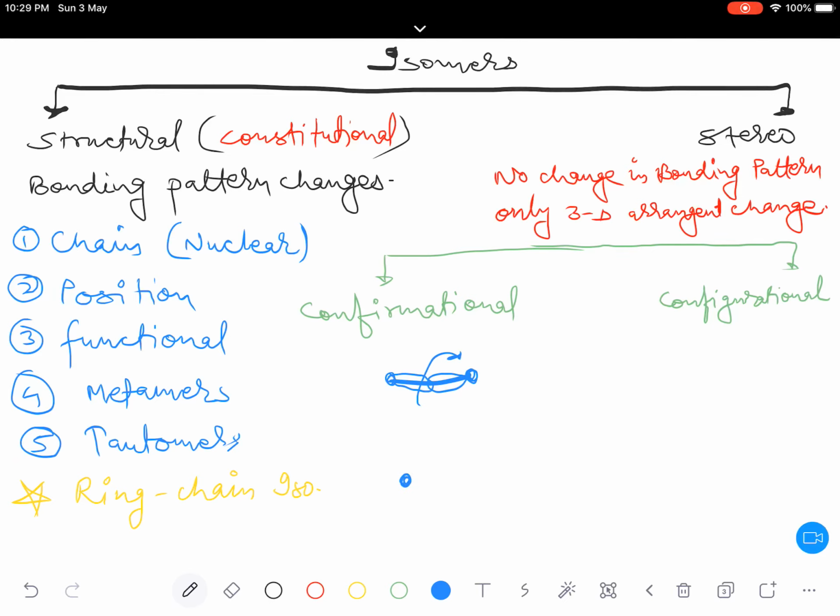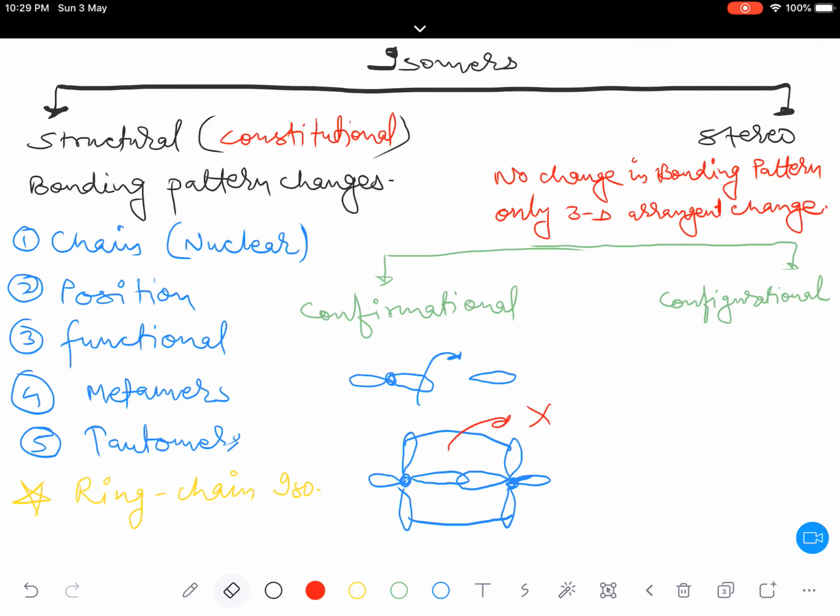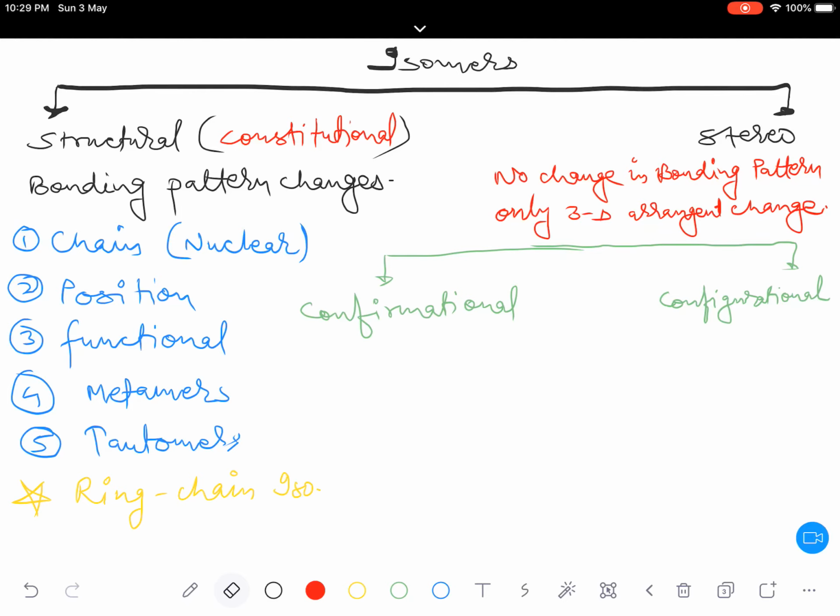But if two atoms are attached to each other through this lateral overlap also, in that case there will be a restriction in rotation, meaning this rotation is not possible. That's what we are saying. Is that clear? So in this second case, that 3D cannot change through rotation. Clear? So I'll just start with this definition of conformational isomers, and then we will move on.